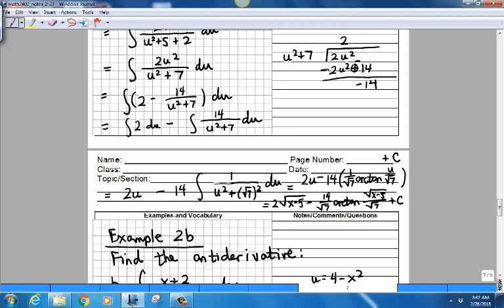You can actually reduce a little bit 14 divided by the square root of 7, but I'm just going to leave that written as 14 over the square root of 7. So there's our final antiderivative.